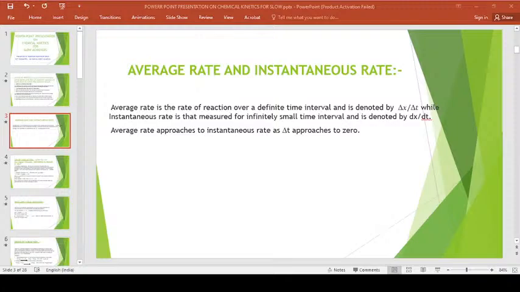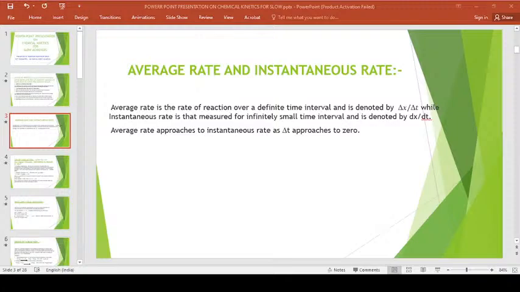Now let us come to the comparison of order and molecularity of a reaction. Regarding the similarity, the first point is their value does not exceed 3. Your order as well as molecularity value will never exceed 3.